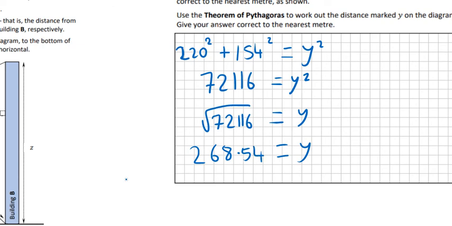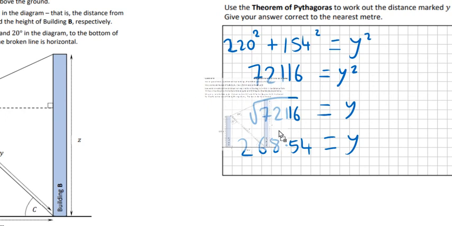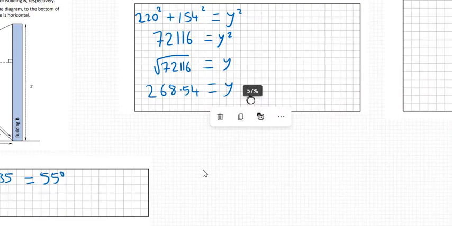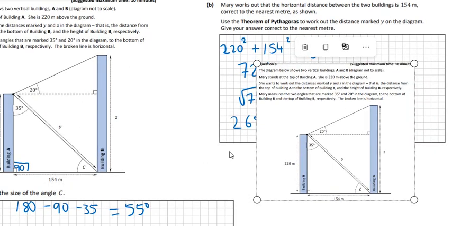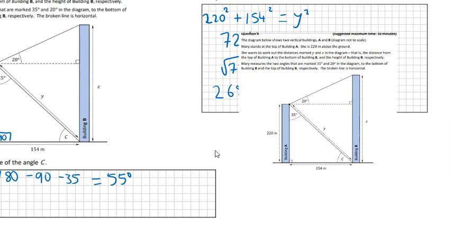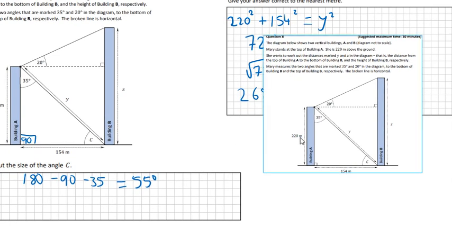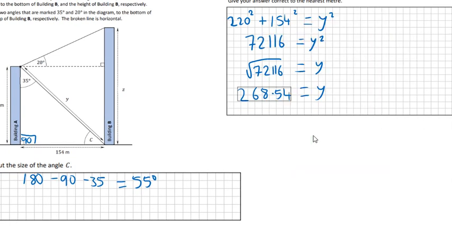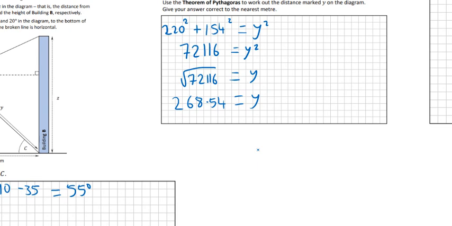The question tells us to round it to the nearest meter. So we can round it off to 269, because the 5 means that the 8 goes up. So 269, and meters we should put in as well.